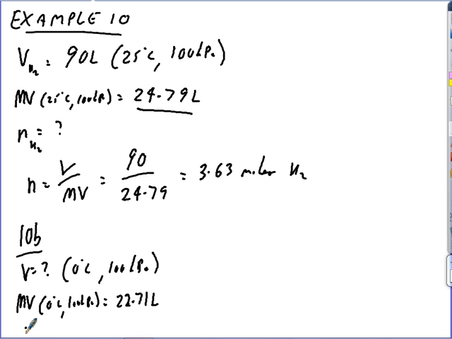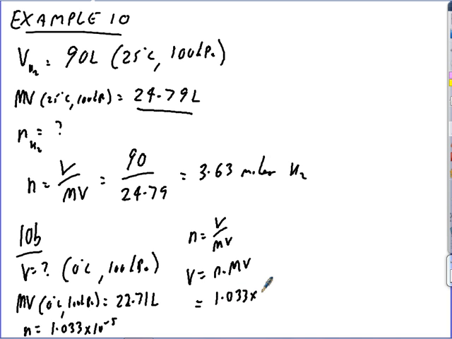I've been told the number of moles is 1.033 times 10 to the minus 5. And all I've got to do now is use my equation. Number of moles is volume divided by the molar volume, or rearranging, volume equals number of moles times the molar volume. It's going to be 1.033 times 10 to the minus 5 times 22.71.